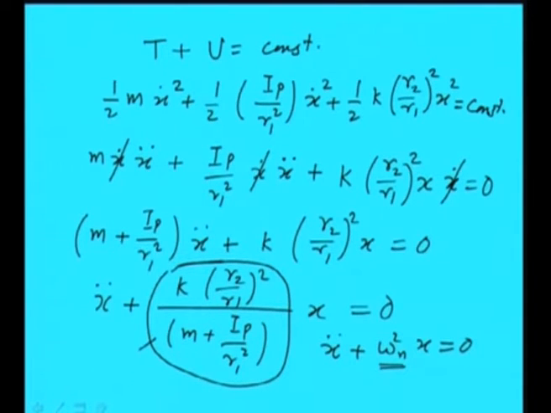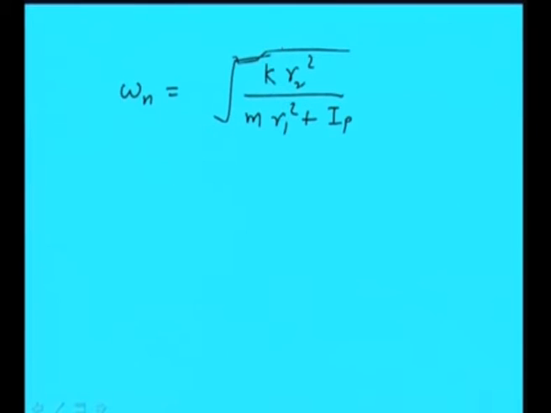This is the square of the natural frequency. In simplified form, this natural frequency will take this form: K R2 square by m R1 square plus IP. So this is the natural frequency of the previous system.